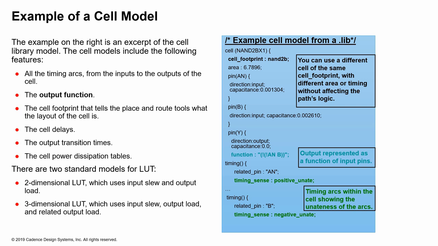One is called the two-dimensional lookup table, which uses the input slew and output load to determine the delay. And then there is the three-dimensional lookup table, which uses the input slew, the output load, and also the related output load as well.